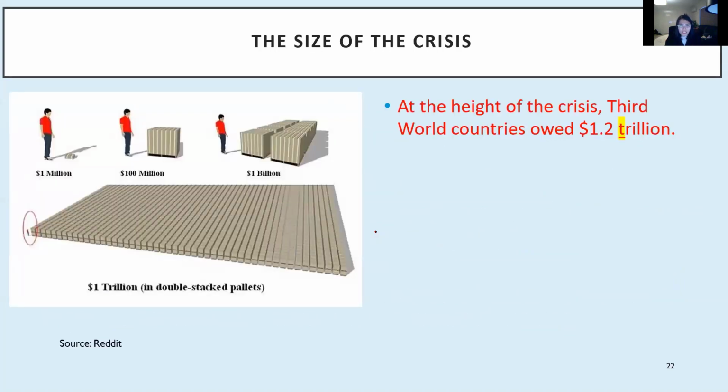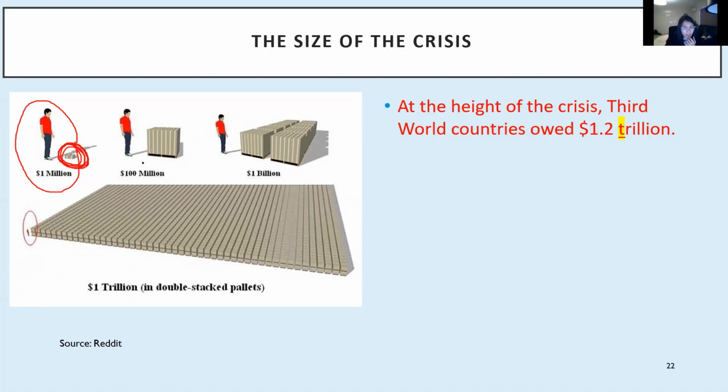Okay, so to give you an idea of how big the crisis was, at the peak of the crisis, the Latin American countries and other developing countries owed in total $1.2 trillion. Okay, so on the picture on the left, here I've got a person and $1 million in cash. Okay, so if you have $1 million and you withdraw them in $100 notes, it will be this much.